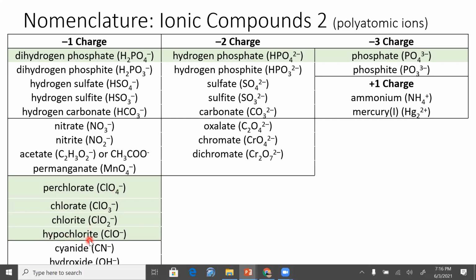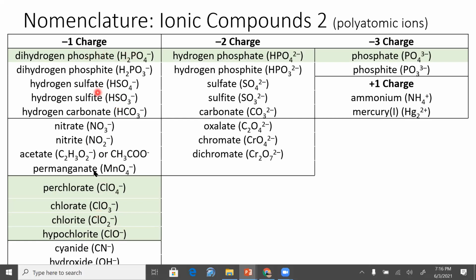And hypochlorite, hypo means under. So hypo would have 1 less oxygen than the ite form. So if chlorite was ClO2, hypochlorite is ClO. They all have the same charge though, minus 1. I'm just trying to give you little things that you can see pattern-wise with these.